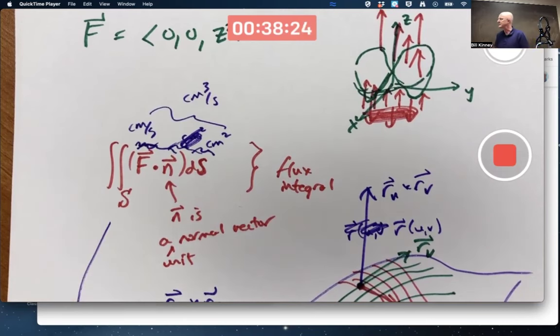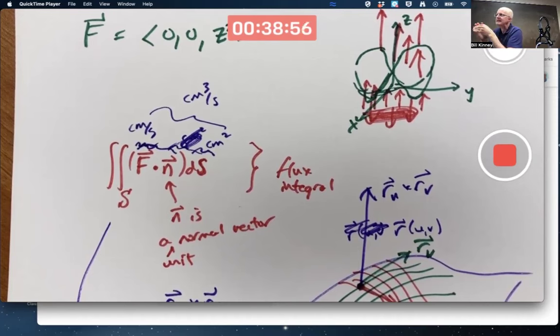Using the integral doesn't affect the units. So if F is a velocity vector field, where the arrows represent velocities of, say, water molecules in centimeters per second, the magnitude at least is centimeters per second. And when you dot with a unit normal vector, it doesn't change the units. It's still in centimeters per second. The ds is a small amount of area along the surface in square centimeters.